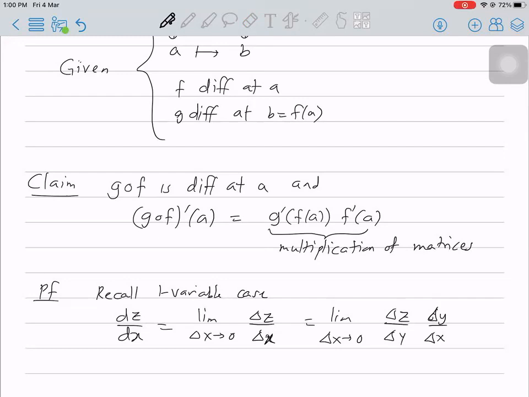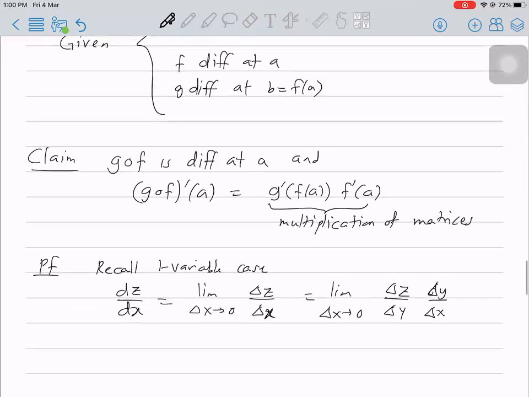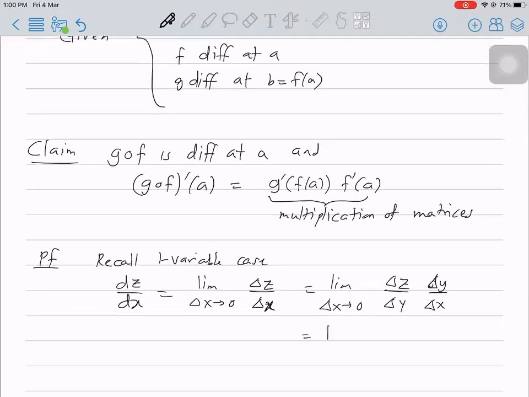Of course, you have to ensure that delta y is not 0. And then we said that the limit of a product is the product of limits, provided both of those exist. So you have to check that they both exist. And I'm home free, right?